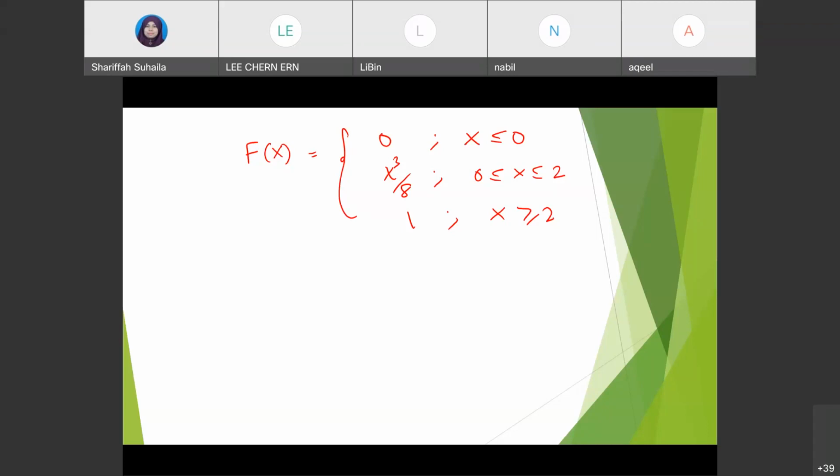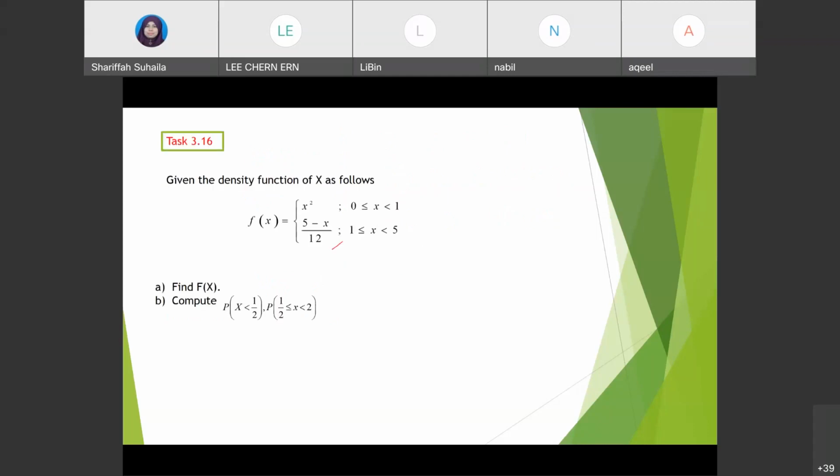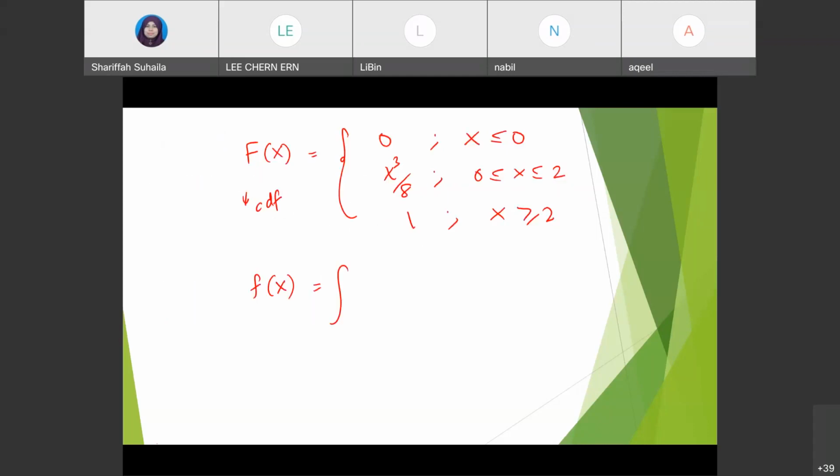Kita dapat tak balik small f x kita? Okay, so you get this one. Okay, kalau kita dapatkan small f x, the relationship is you will differentiate back your capital F.